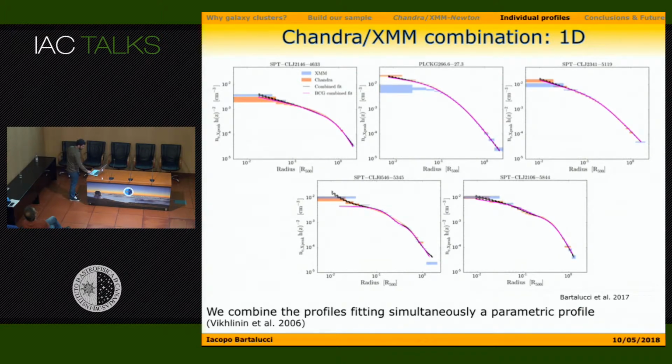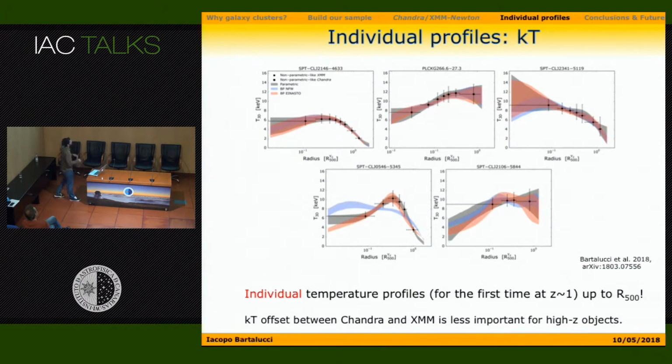Then, to extract temperature profiles, we do something similar to what we do for the density. So we center on the X-ray peak, we define some concentric annuli, and we extract the spectra. Now, in the X-ray, extracting spectra is much harder than density because we need much larger statistics.